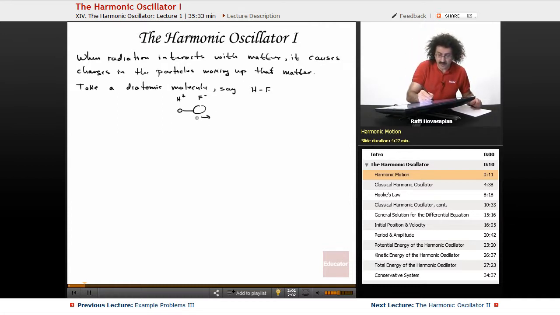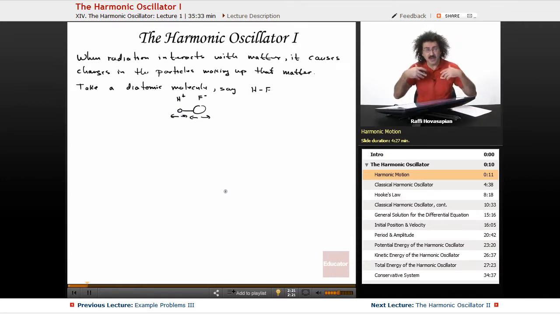This idea of a harmonic oscillator is a really nice model for the vibration of a diatomic molecule, and the vibration about a bond in general. Imagine a spring with two masses going like this; it's pretty much the same thing. So if we can study this harmonic oscillator, extract some information from it, and then come up with a quantum mechanical version of it, it'll give us a lot of information.